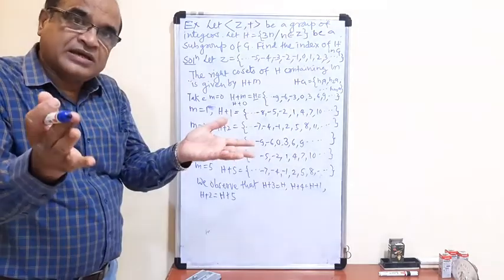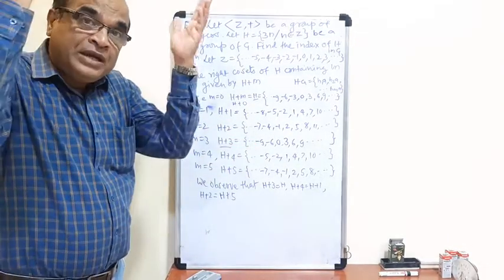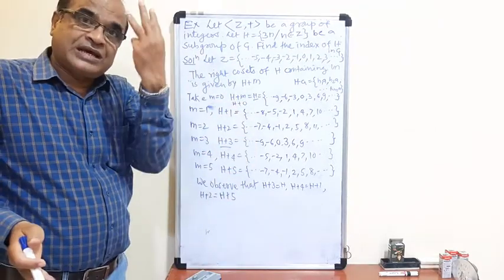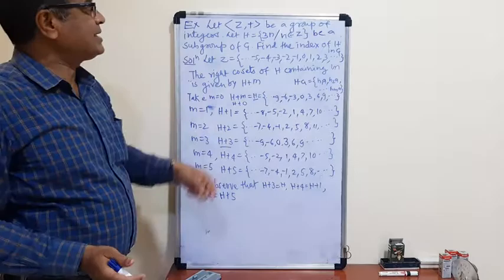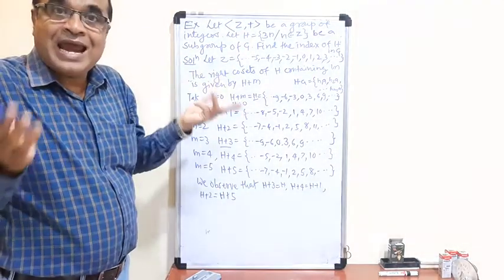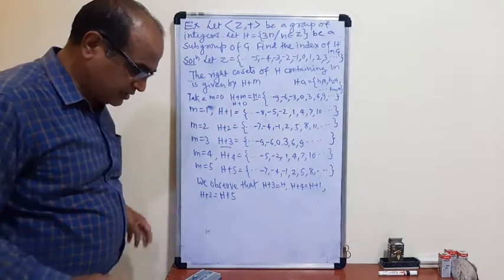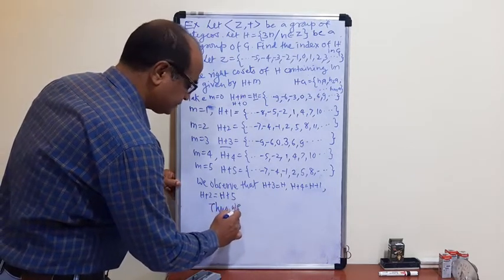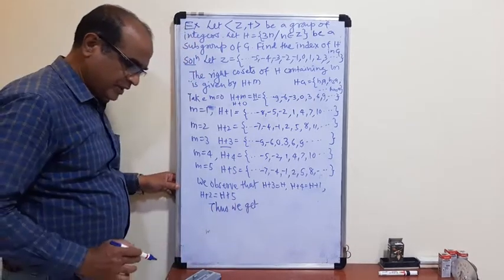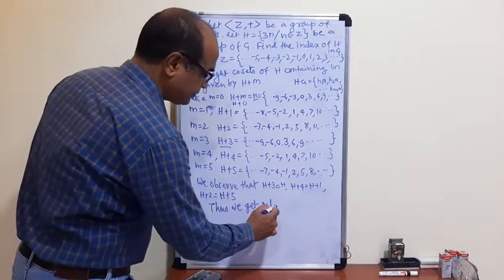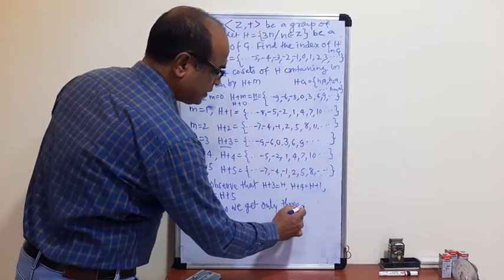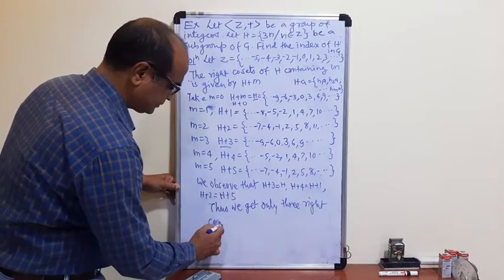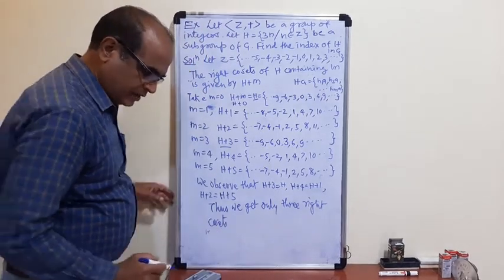So what is the index of H in G? How many distinct right cosets of H in G are there? There are only 3. So the index of this set in Z is 3. Thus we get only 3 right cosets.